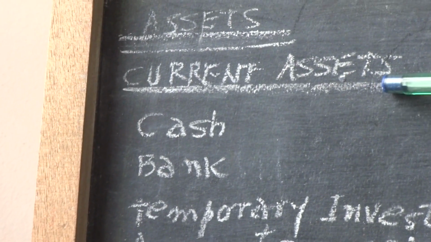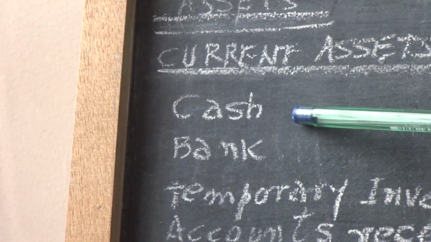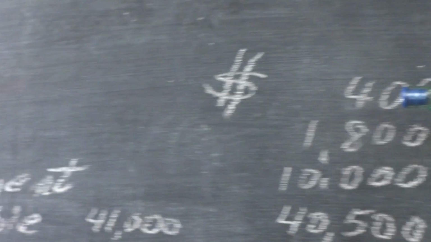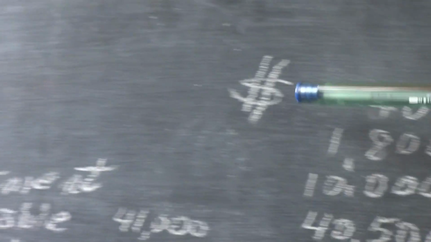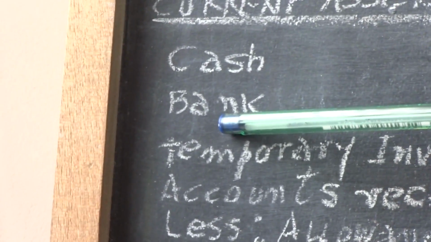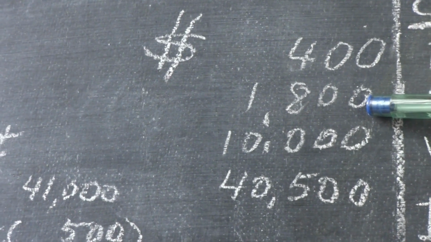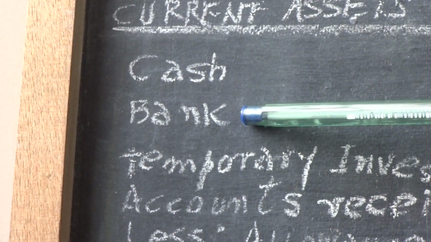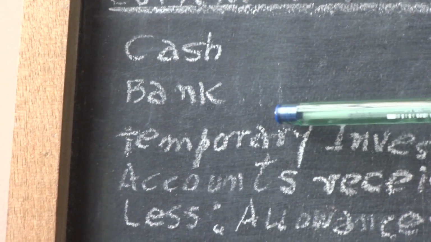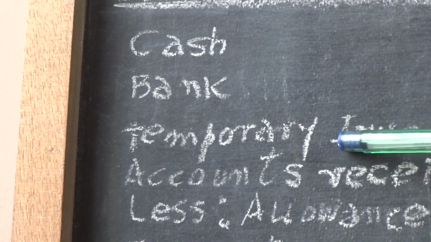Inside the current assets, we have the cash for $400. Then we have the bank for $1,800. These are the money deposited in a bank in the USA.